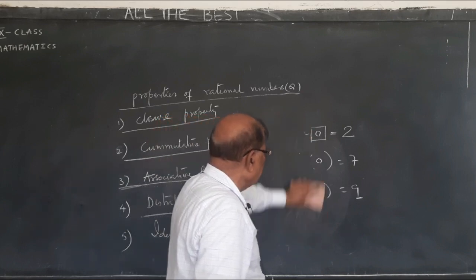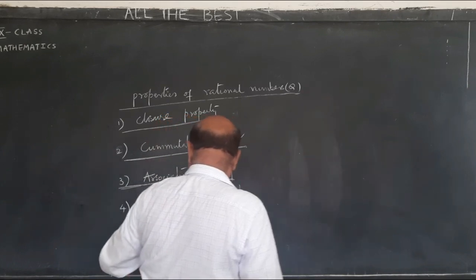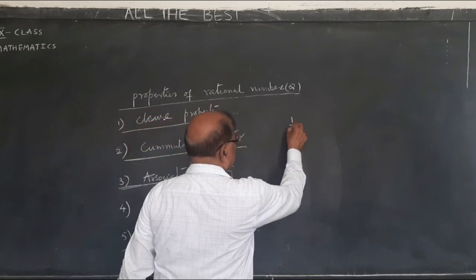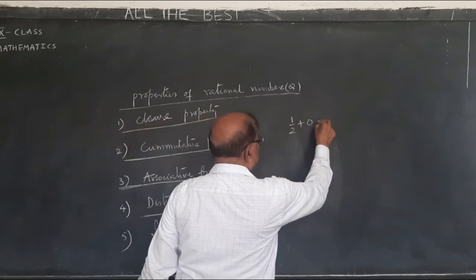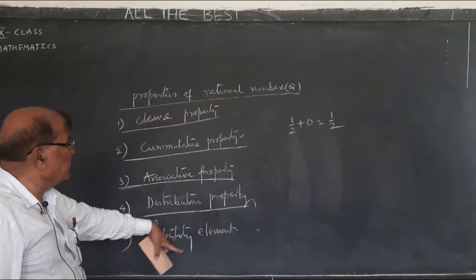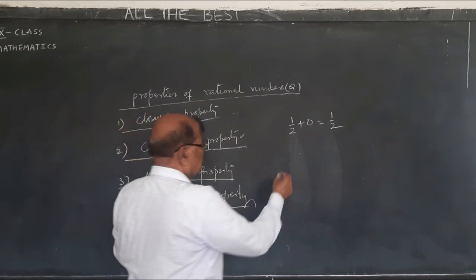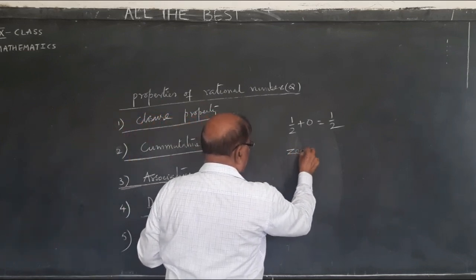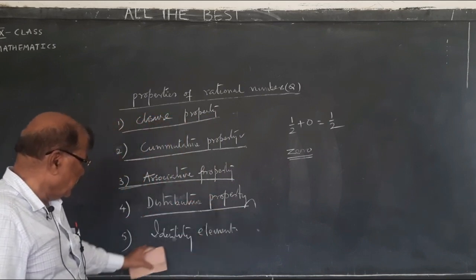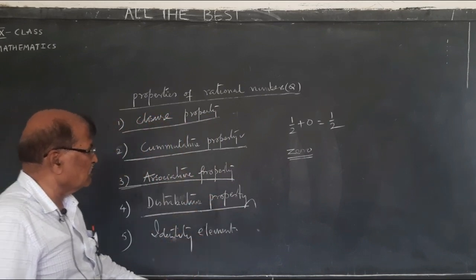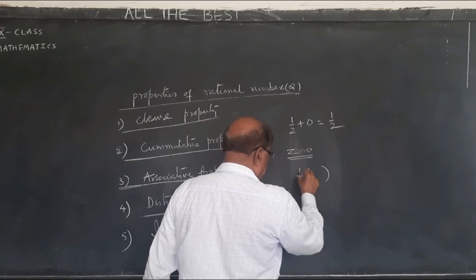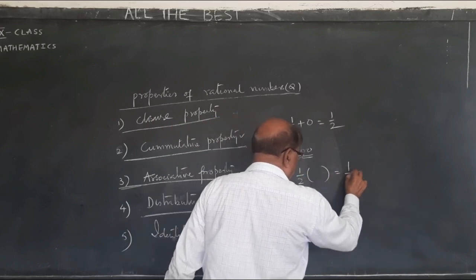Similarly, what is the identity element in the set of rational numbers? You take any rational number, 1/2 plus 0, you get 1/2 only. So the identity element in the set of rational numbers is 0. Let us see the identity element in multiplication. What should be multiplied with 1/2 to get the same 1/2?